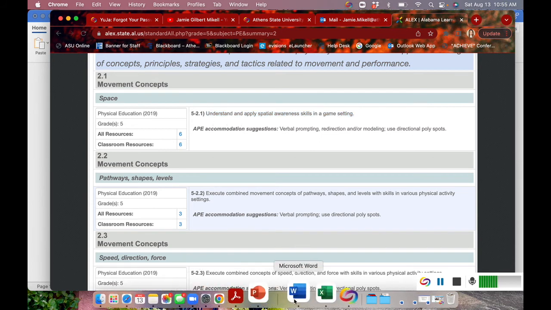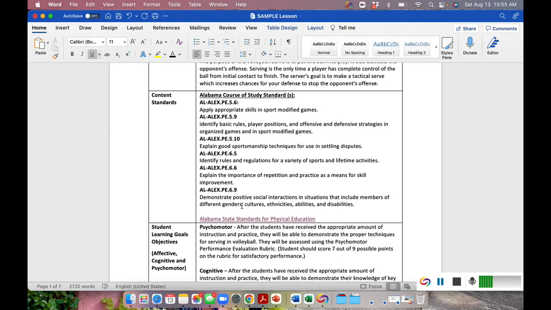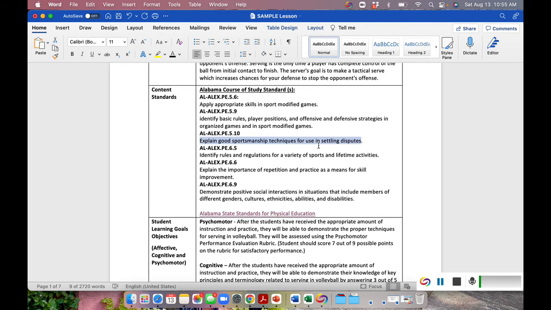This is one time I'll tell you it's okay to copy paste. You copy paste your standards in here. This will not be considered plagiarism because you are expected to take it directly from the ALEX website. So you might have to do a little bit of digging, a little bit of looking over, but there should be more than one standard at the appropriate grade level that applies to the skill that you are teaching.